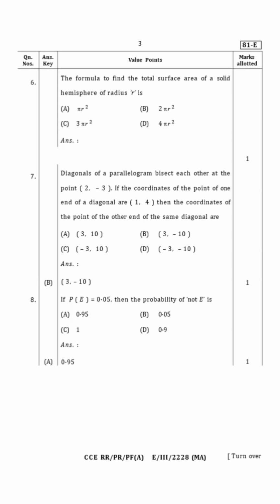The diagonals of a parallelogram bisect each other at the point (2, negative of 3). Here, in the parallelogram, diagonals bisect each other, means this is the midpoint. Midpoint is 2 comma negative of 3.